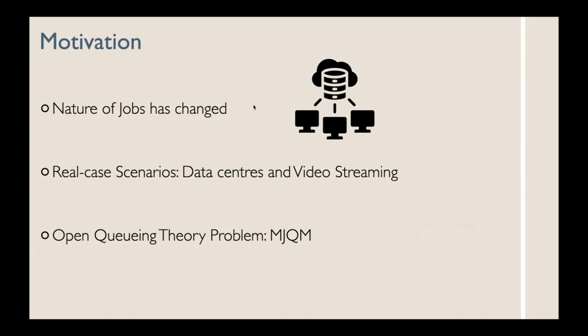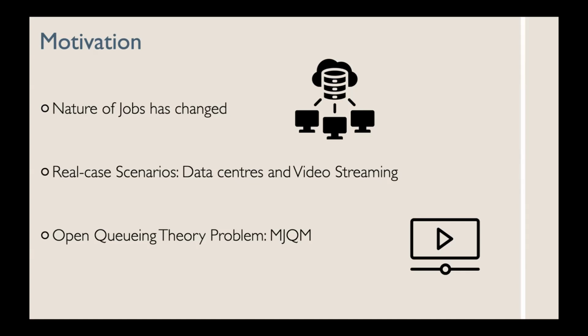But that's also true for data centers like those operated by Amazon and Google, because they have very large tasks that could take different processing facilities for variable amounts of time. These very contemporary systems can be well described by multi-server job queuing models, which are actually listed among the open problems of queuing theory today.